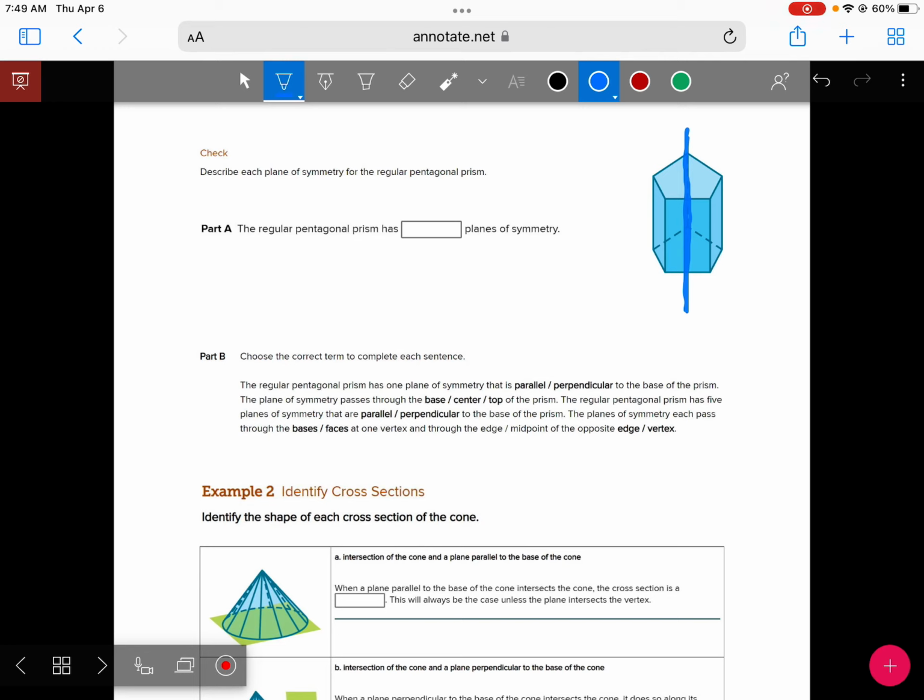Would that be a plane of symmetry? Yeah. All right, let's say then I put one going this way, and it would come down. Is that going to be a plane of symmetry? Yes, should be.